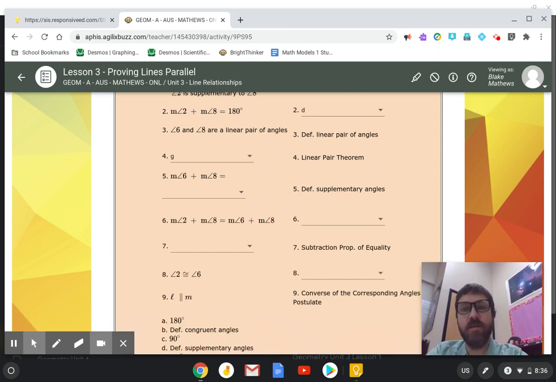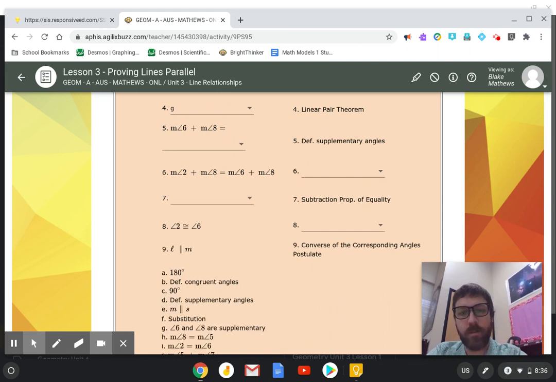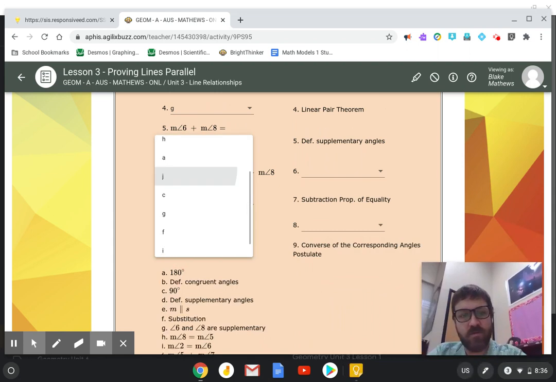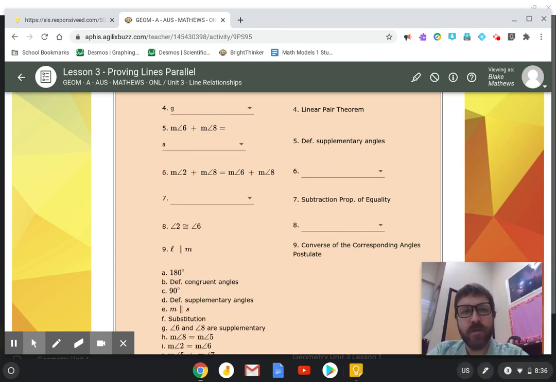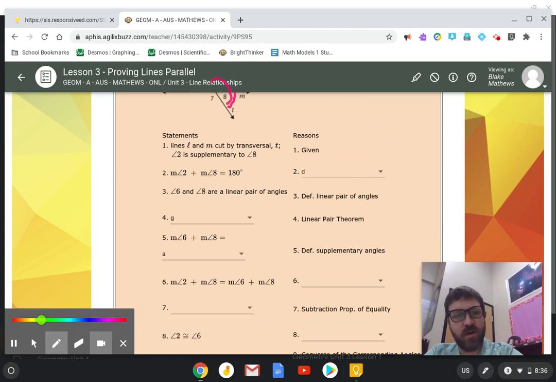Then it says, therefore, angle 6 plus angle 8 equals, and since we just said they were supplementary, we know that supplementary means 180. So 180 is right there. That's going to be our answer for this one. Now, we've done two things right here. We've said, first of all, angle 2 plus angle 8 equals 180.